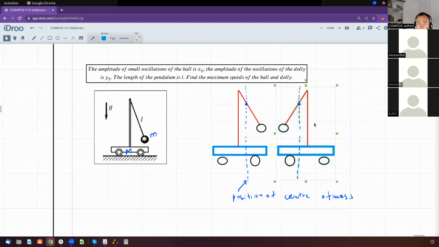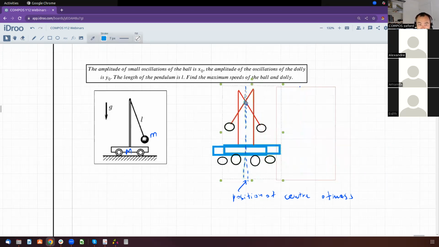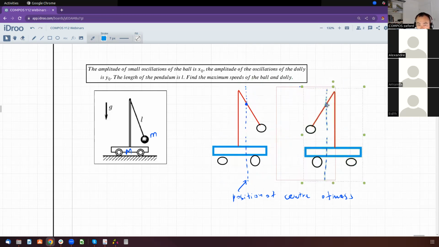But the center of mass stays where it is. So basically, you have a swinging like this. This point remains stationary.